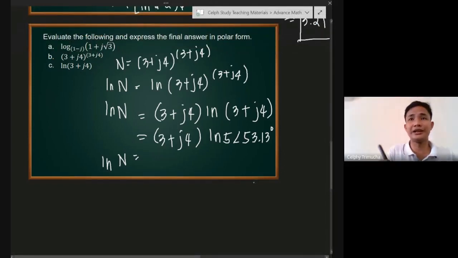Okay, so ln 5 angle 53.13 degrees. So, applyan nato sang properties sang logarithm sa babaw.